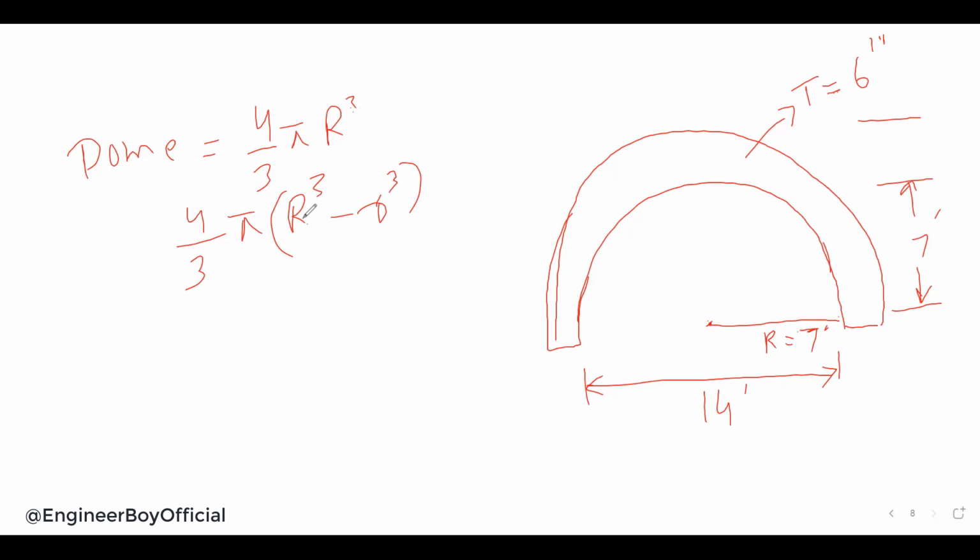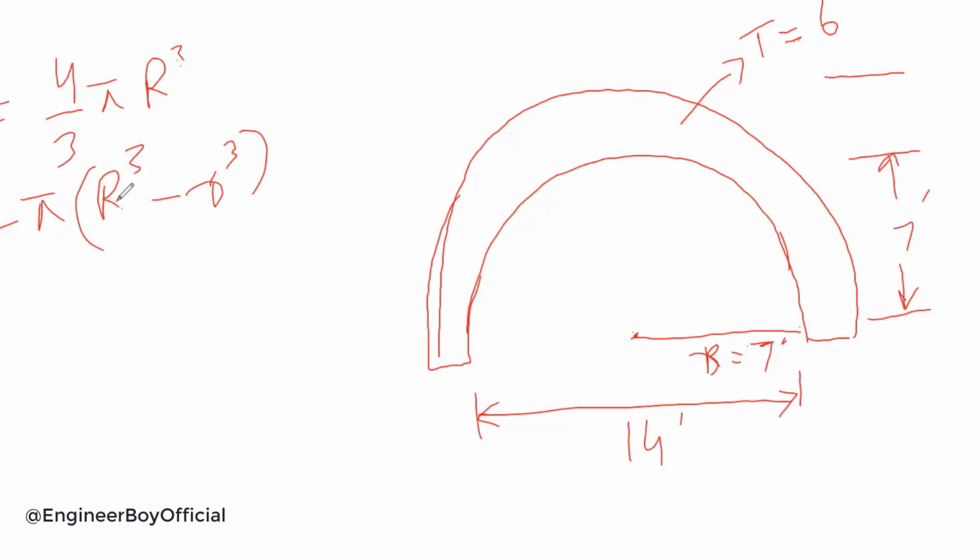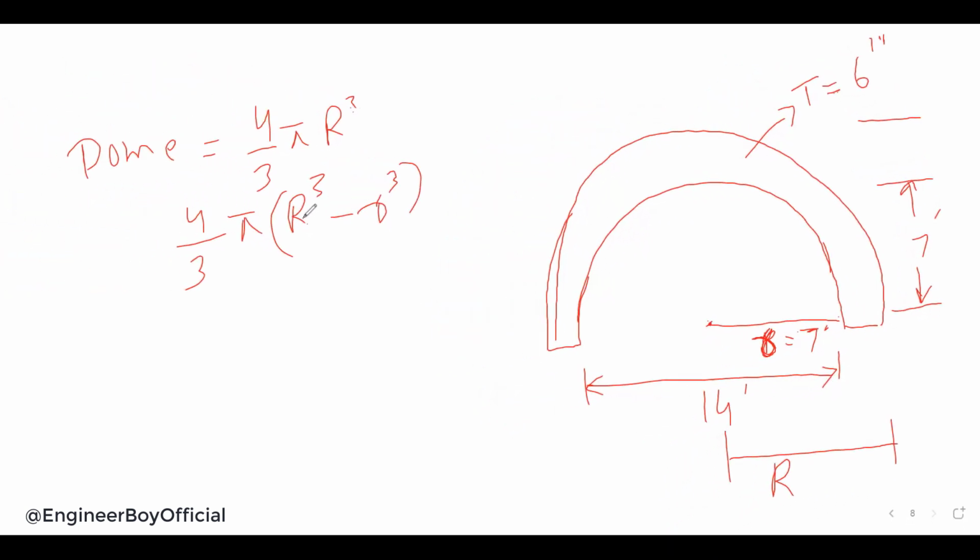The small one is the internal one, and for the external one, this is capital R. That is the small r plus the thickness, which is 6 inches. So the capital R is now 7.5 feet because we have added 6 inches.